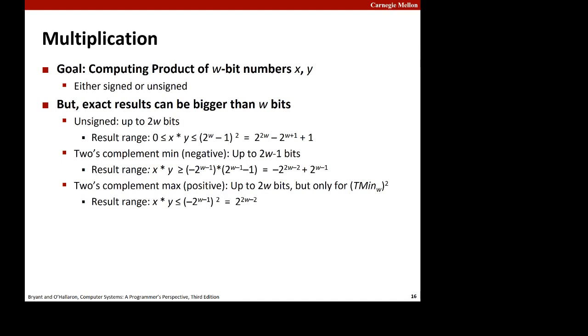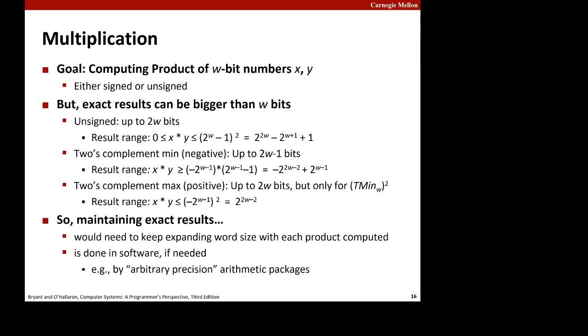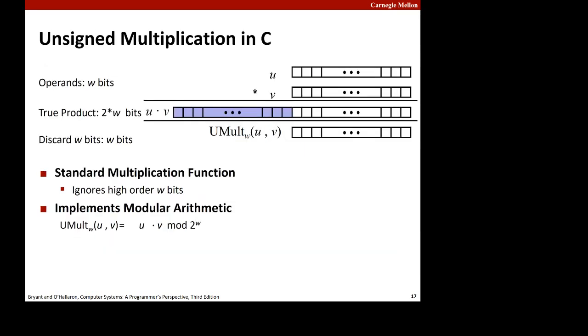Basically, you take the largest number you can represent, square it, and that will require two times w bits to represent. But again, we can't just keep adding bits to our numbers in general. And so what happens is we just truncate the result.